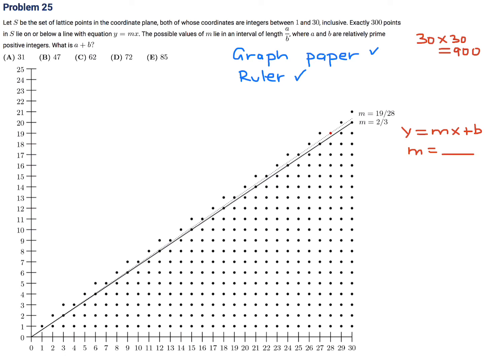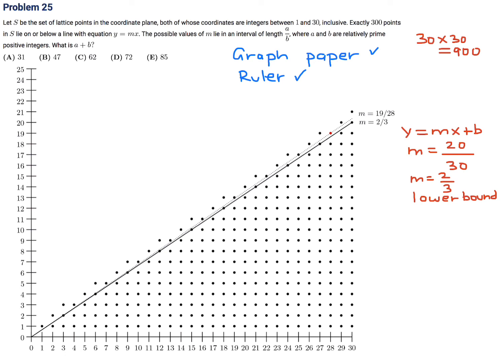The run is easy, that's just 30. And the rise is going to be from there to there. And if you count those dots, it's 20. So the slope looks like 2/3. So that is what you call the lower bound. And then later we'll figure out the upper bound, but at least this is the lower bound.